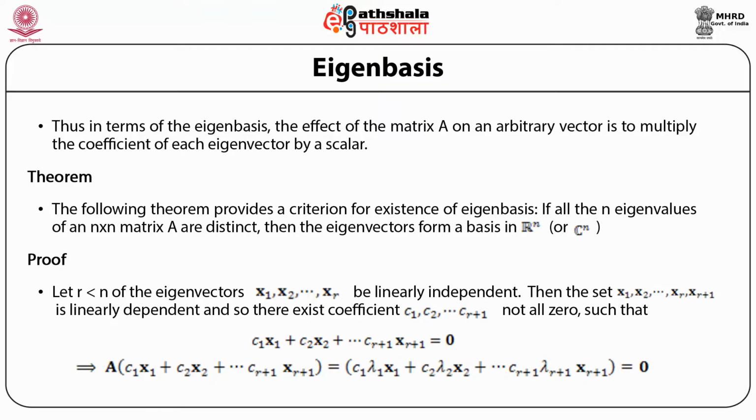This equals 0. So this implies c1 into within the brackets lambda 1 minus lambda r plus 1 into x1 plus c2 into within the brackets lambda 2 minus lambda r plus 1 into x2 plus so on till cr into within the brackets lambda r minus lambda r plus 1 into xr is equal to 0.